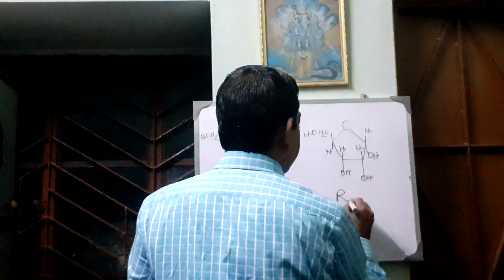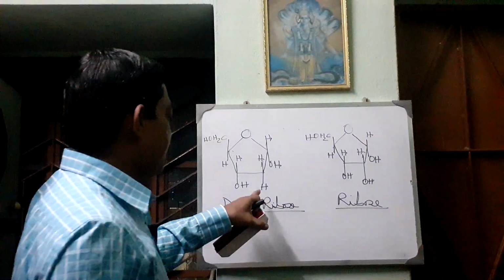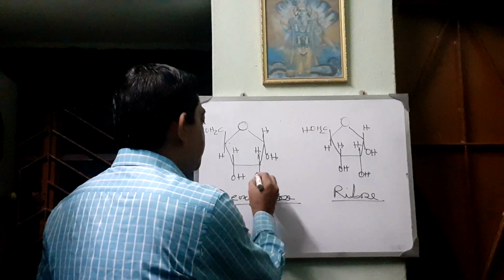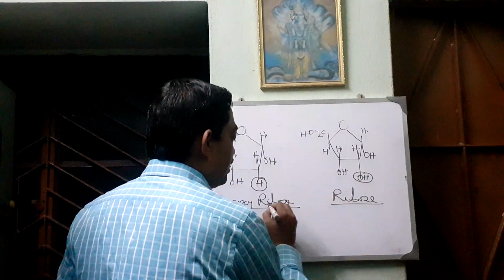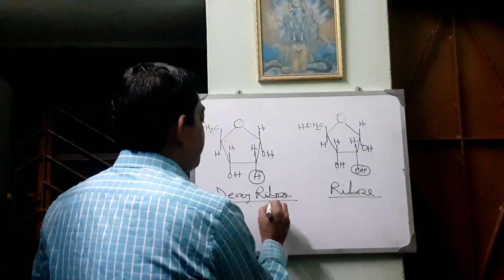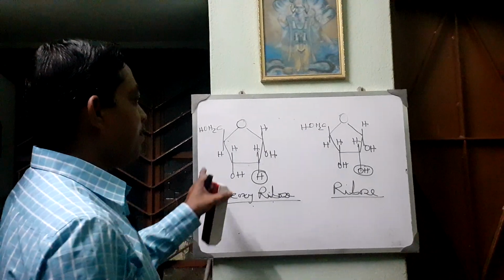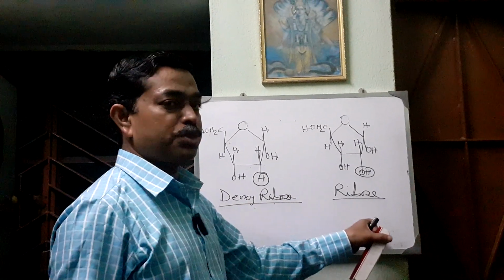This is the structure of ribose. You can clearly see that here the oxygen is absent, and here oxygen is present. This is the reason it is called deoxyribose, and this is called ribose. This is the main difference between the structures of deoxyribose and ribose.